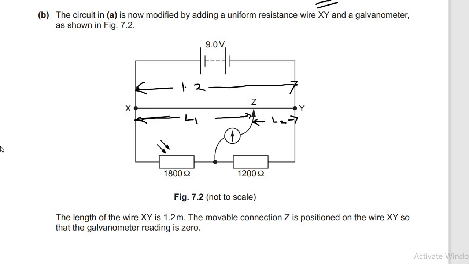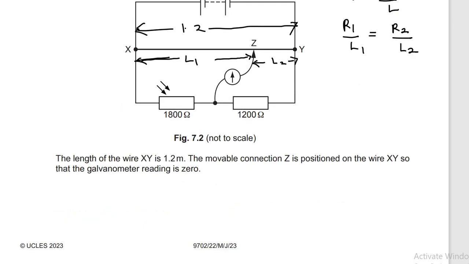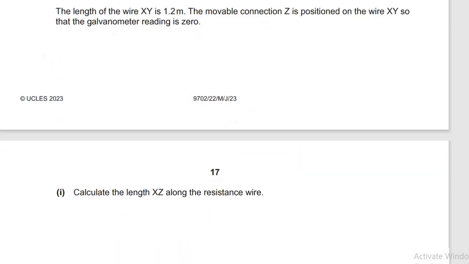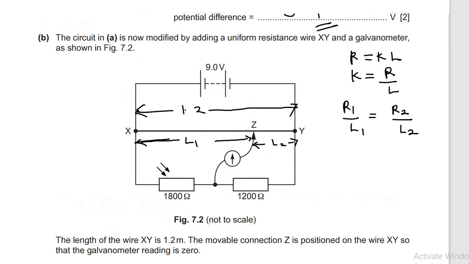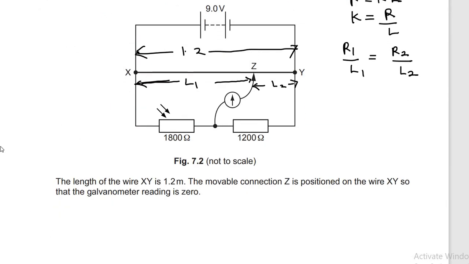I remember we have a relationship R equals KL, so K is R over L. When comparing two resistors, R1 over L1 equals R2 over L2. The length SZ is L1.